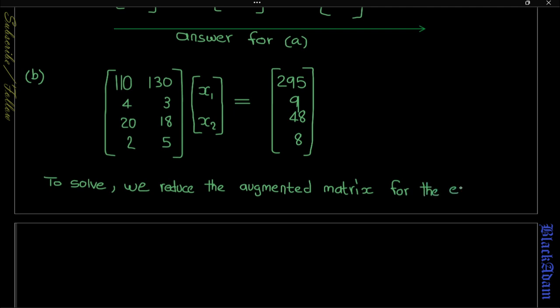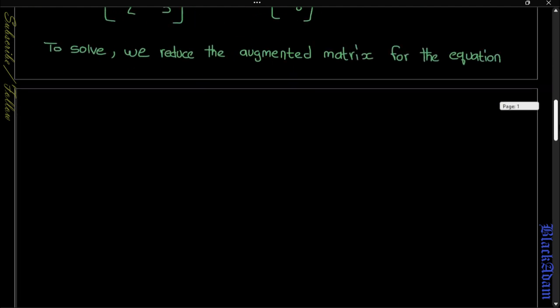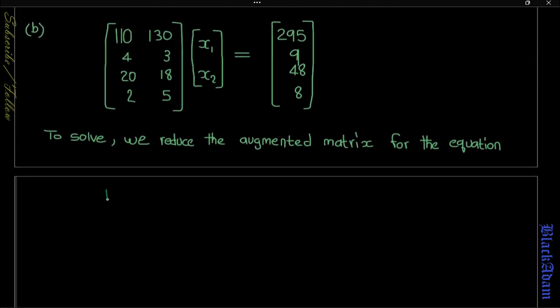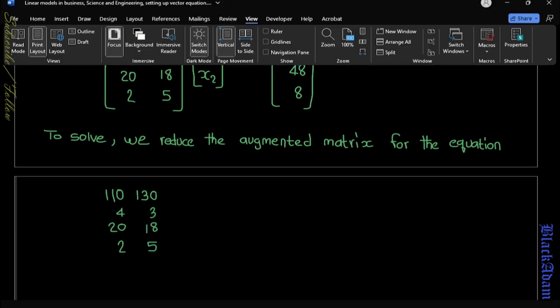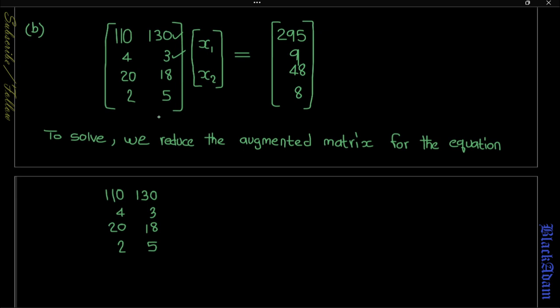For the equation, okay, we know that we have 110, 4, 20, 2 for that column, and the next we have 130, 3, 18, 5, that's that column there. And then next we have 295, 9, 48, 8, and that is the column there.